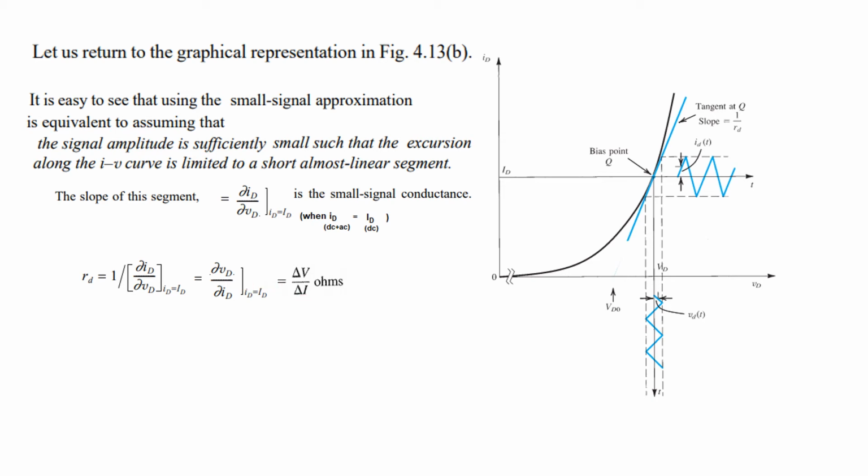Now what is the difference? I hope you know that this delta represents a very, very small deviation, and this delta represents a small deviation. So this is for a very, very minor change, and this is slightly a greater change than that. So we'll use this term also here.